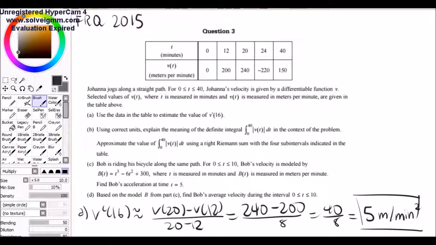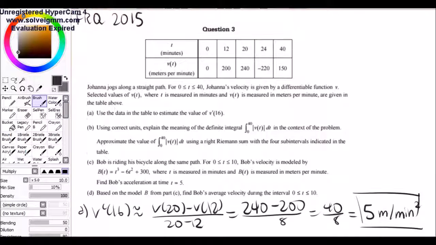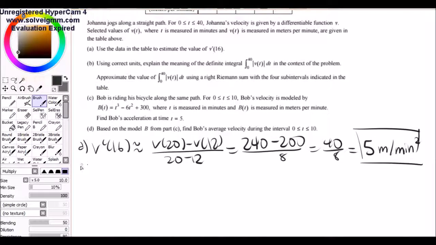Part B is asking us to explain the meaning of the definite integral given, and also to approximate its value using right Riemann sums.